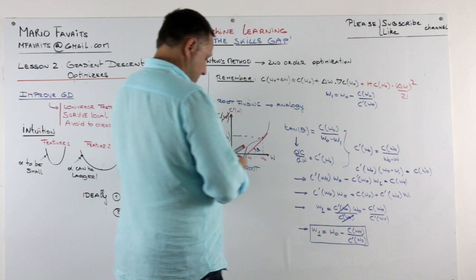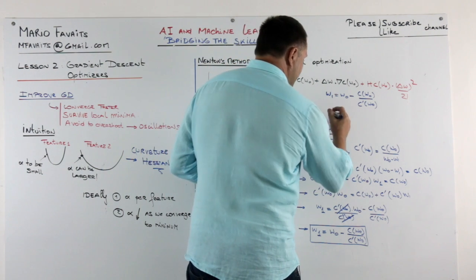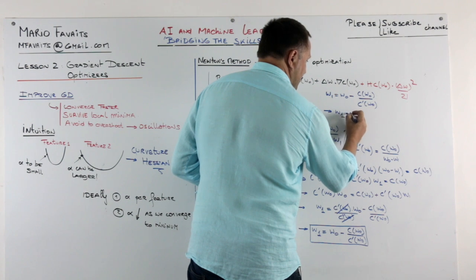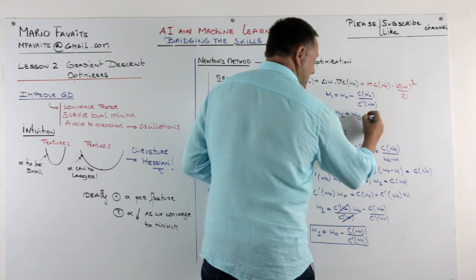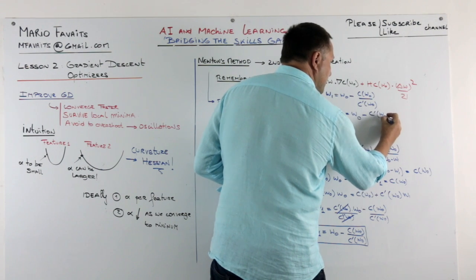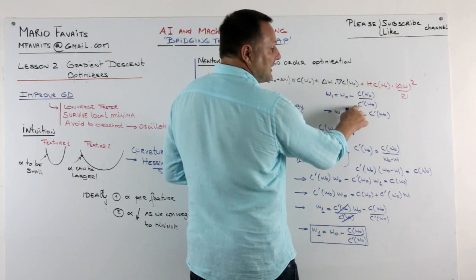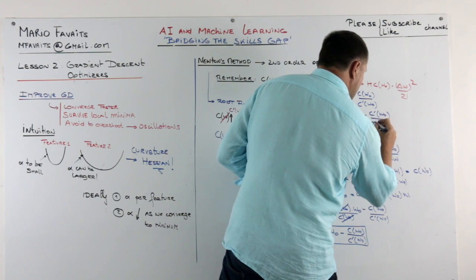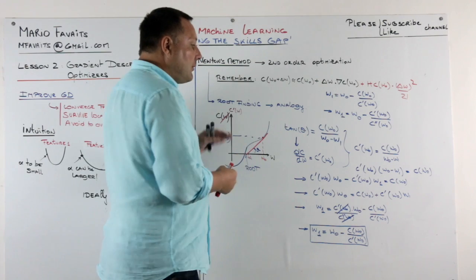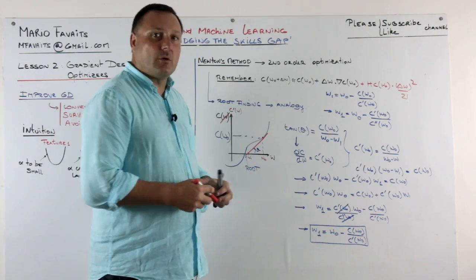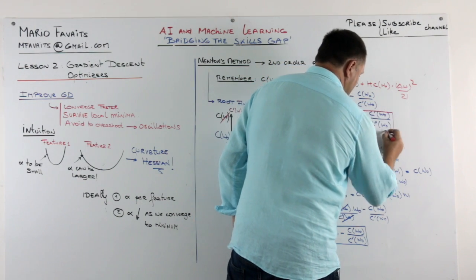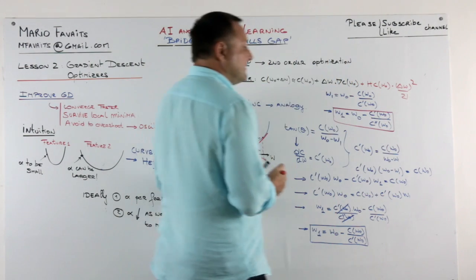So by analogy, W1 equals W0 minus C prime of W0 divided by C double prime in W0. That's how, by analogy, we find the second order optimization technique, and this is called Newton's method.